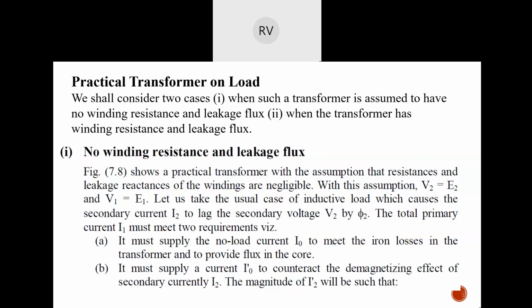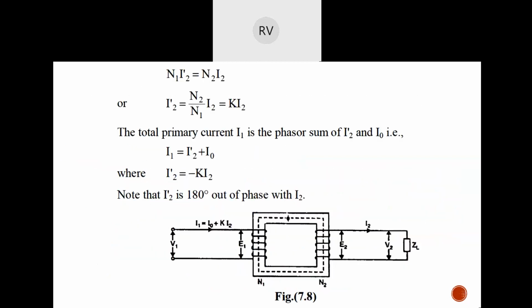I2 dash is the amount of current that the primary is drawing in order to counteract the secondary. So N1 into I2 dash is equal to N2 into I2, or I2 dash is equal to N2 by N1 into I2. The total primary current will be the sum of the normal current, which gives us the iron losses and the flux, that is the I naught value, and this I2 dash, which is counteracting I2.